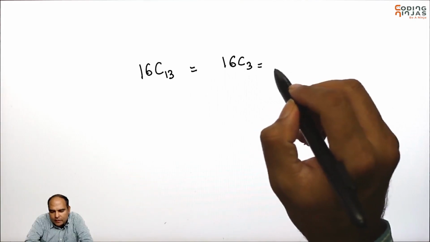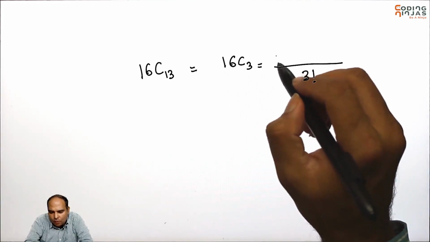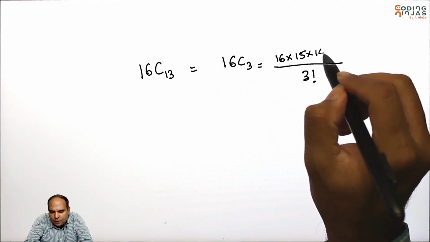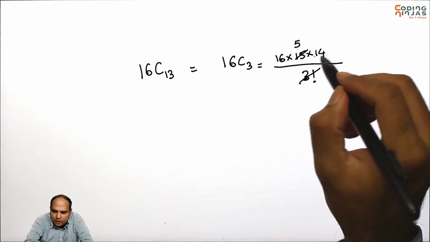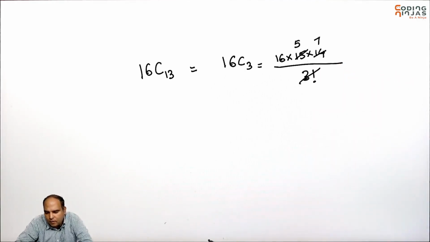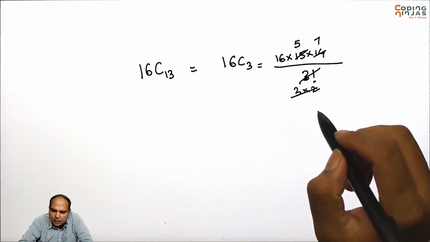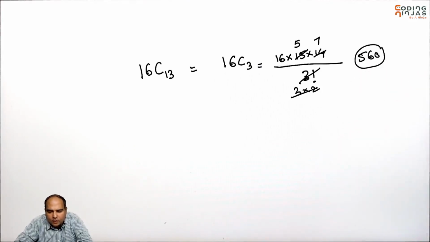I do not calculate 16C13, but I calculate 16C3, whose value I know with 3 factorial in the denominator, and 16 into 15 into 14 in the numerator. So this will cancel, this will become 5, and that will become 7, because this was 3 into 2, and this cancels, and you get a value of 560 on this side.